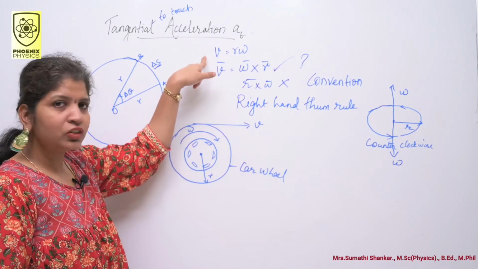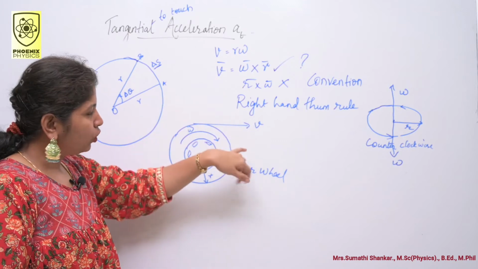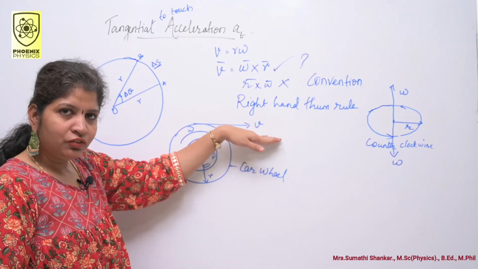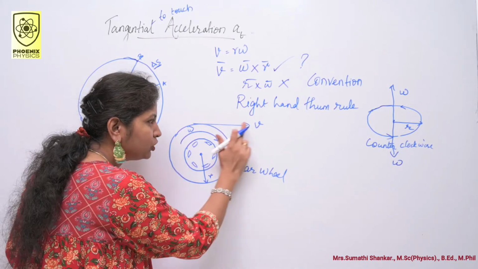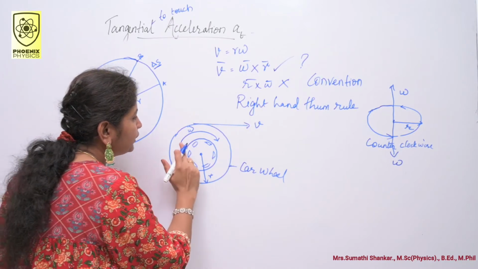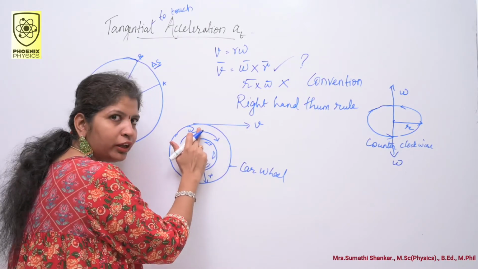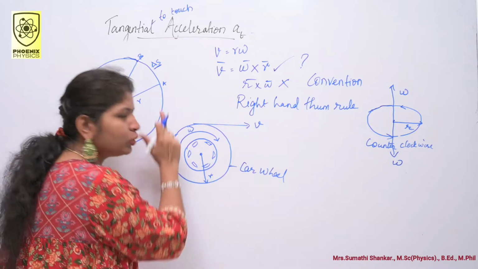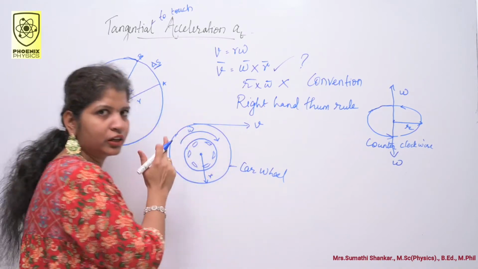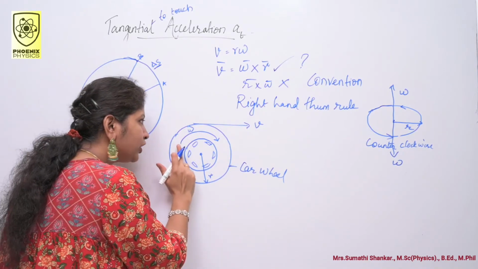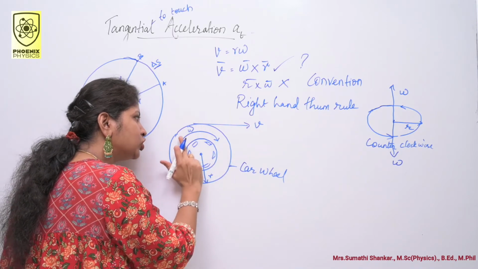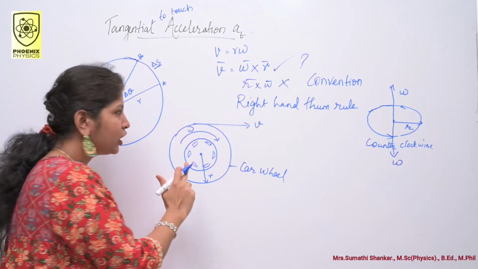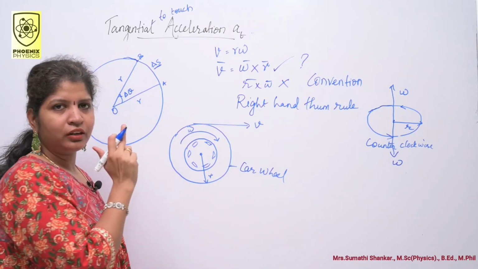What is v? v is our linear velocity. So the linear velocity v is tangent to the circle. Then the angular velocity omega is along the rotation axis. This is our rotation axis. So the direction of omega, that is the direction of angular velocity, is along the rotation axis.